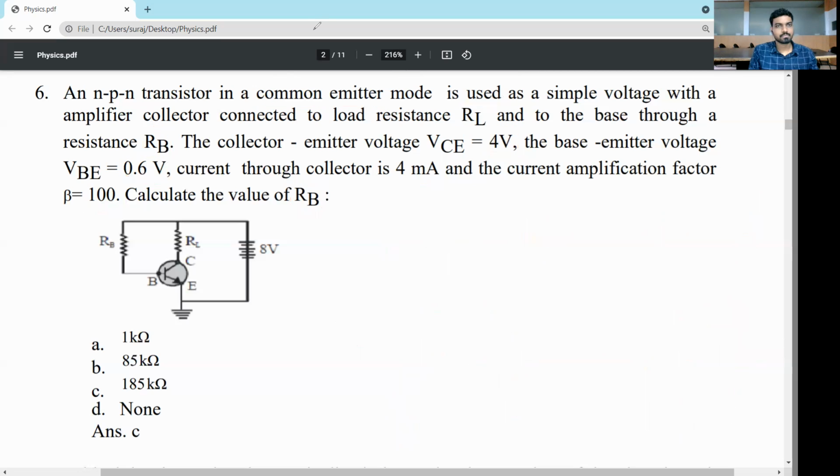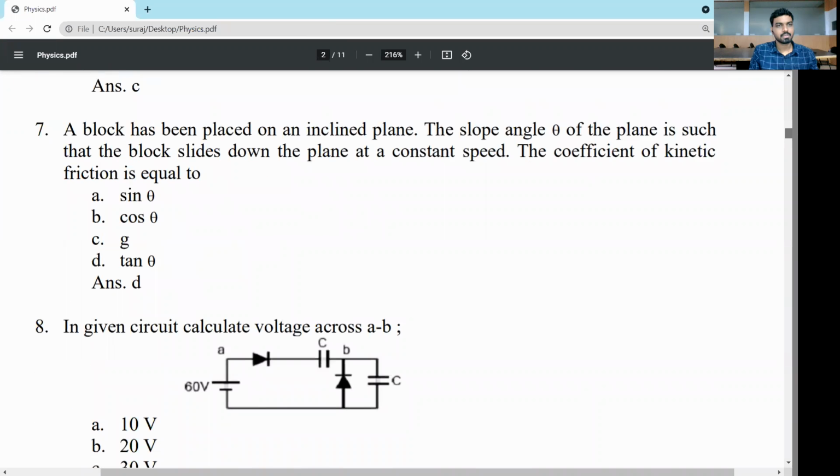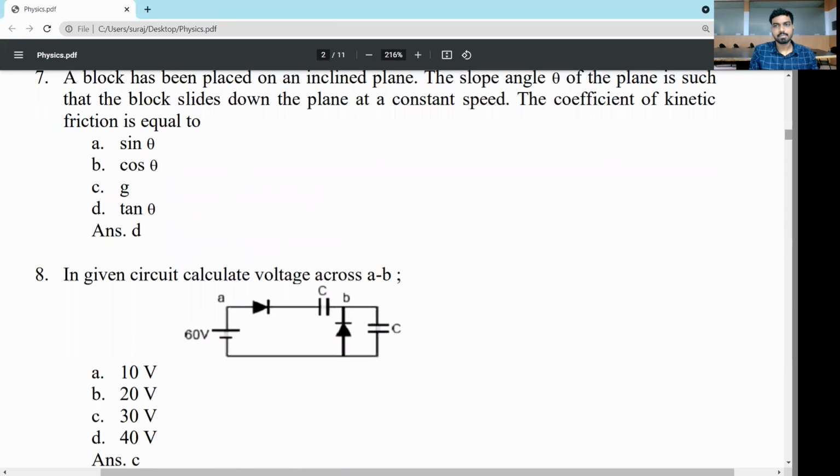Next, question number 7. A block has been placed on an inclined plane. The slope angle theta of the plane is such that the block slides down the plane at a constant speed.